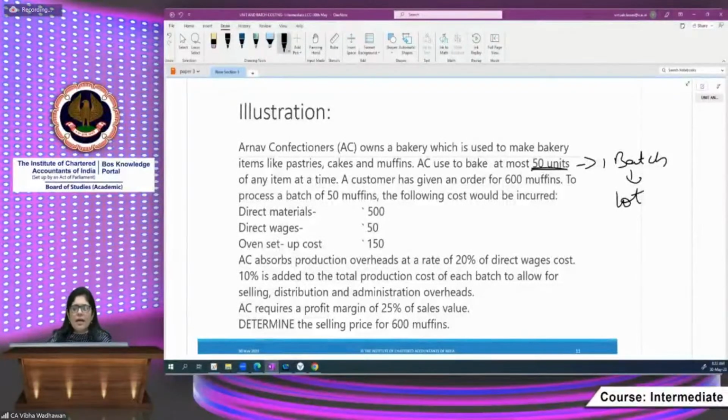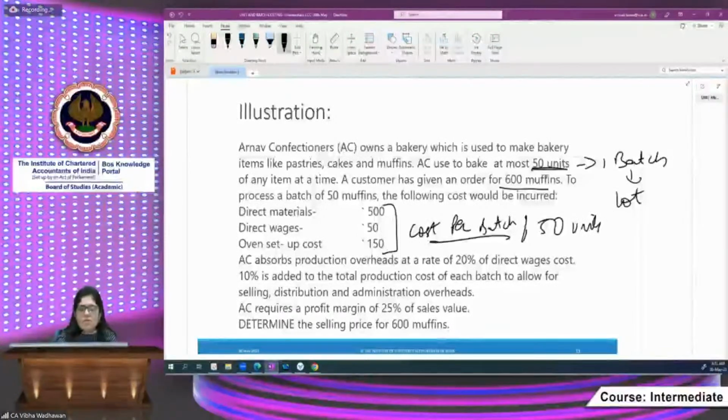Clear? A customer has given an order for 600 muffins. Muffins, you understand? Muffin is a cake, one form of a cake. To process a batch of 50 muffins, the following cost will be incurred. So this is the cost per batch of 50 units.